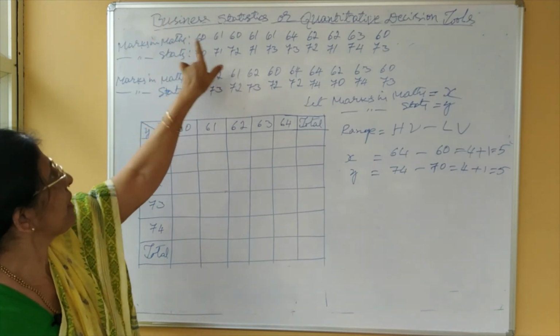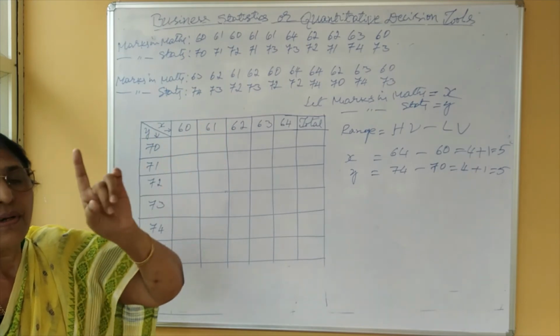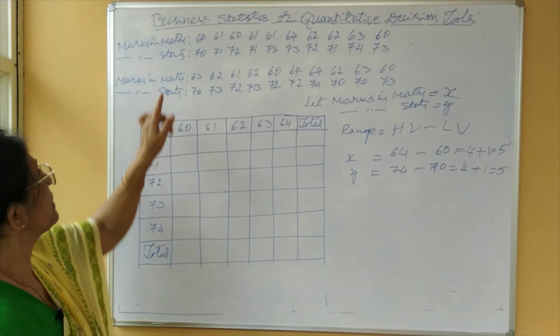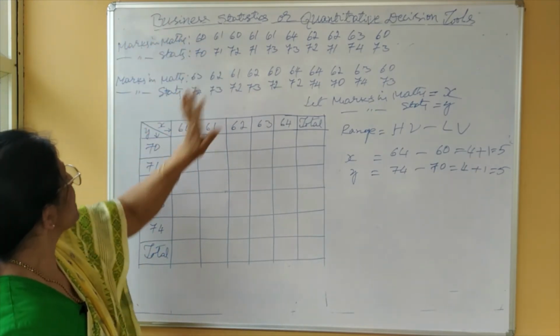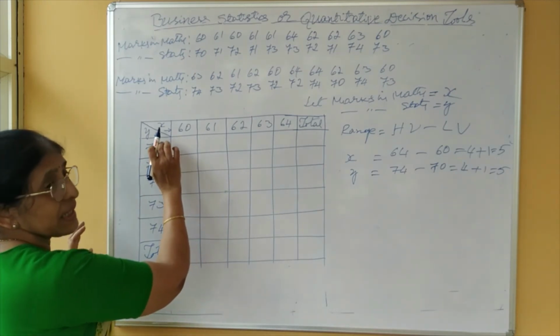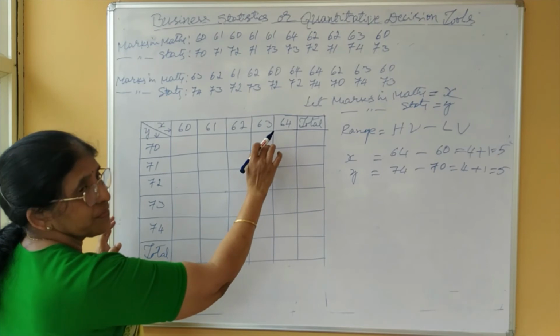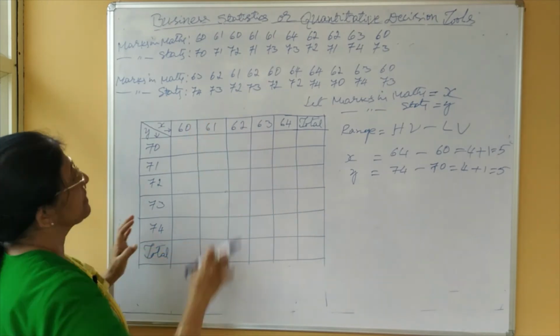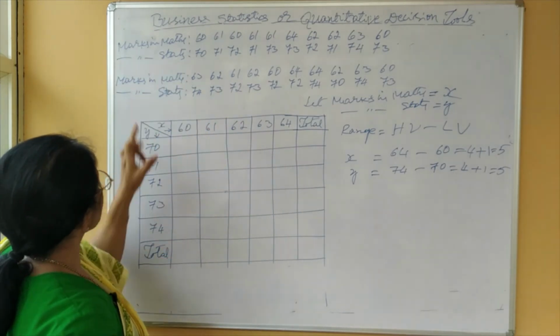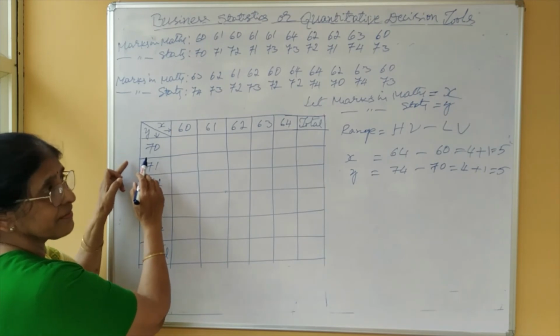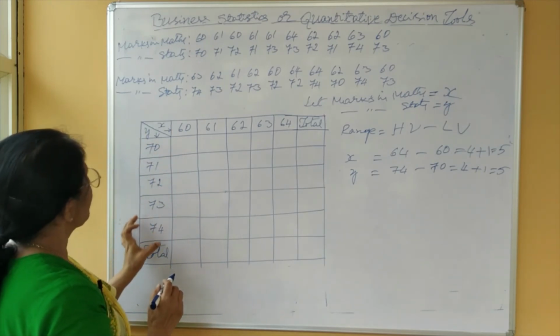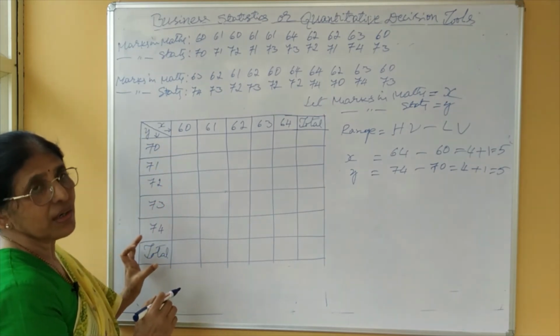For each pair of values, we have to put one tally bar. Here marks in mathematics is taken as x, so we refer to the first row, the headings of columns.